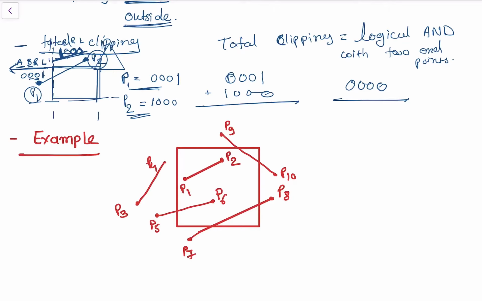So what do we have to find? We have to find the region code for each endpoint and identify whether the line is completely visible, partially visible or completely invisible. This figure shows the clipping window and lines with the region codes. These codes are tabulated and the point codes are logically ANDed to identify the visibility of the line.